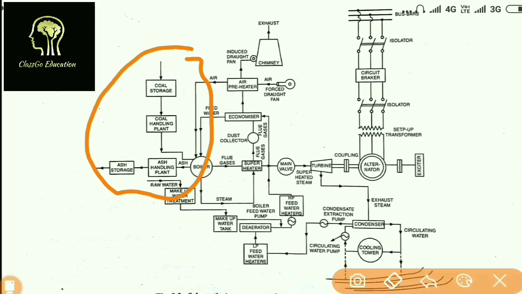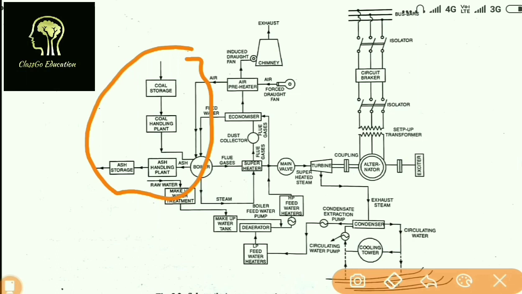Now in brief, if we talk about the functioning of this steam power plant, you must know that this particular cycle is based on the Rankine cycle. So a steam power plant basically operates on the Rankine cycle. Coal is burnt in a boiler which converts water into steam.